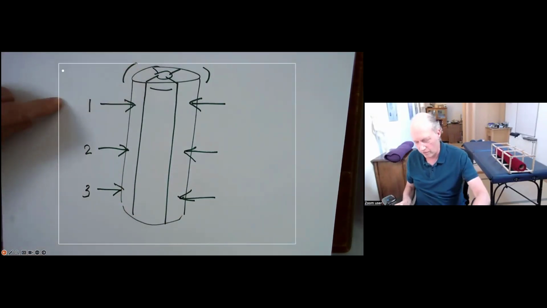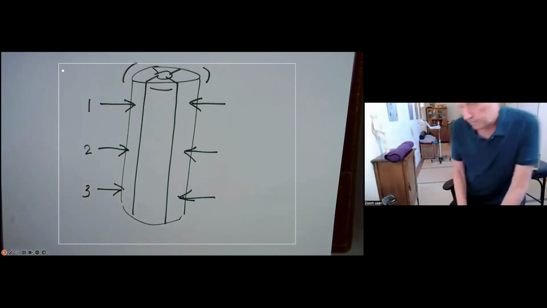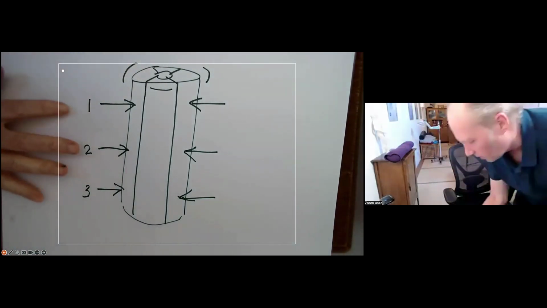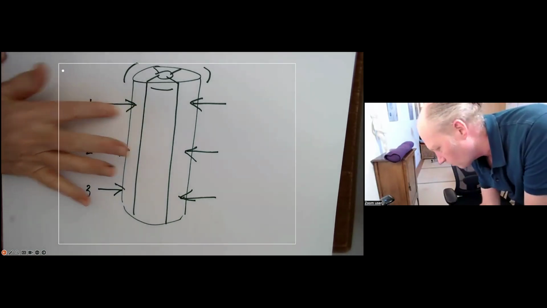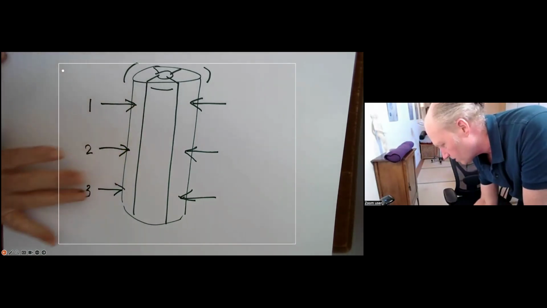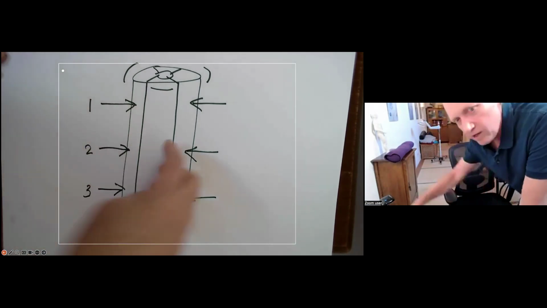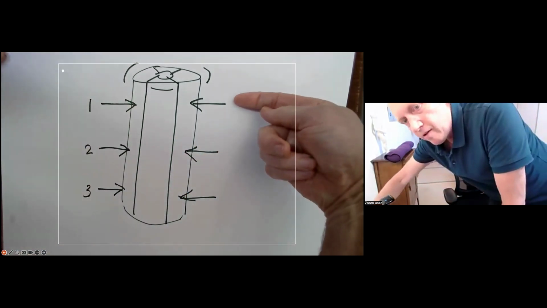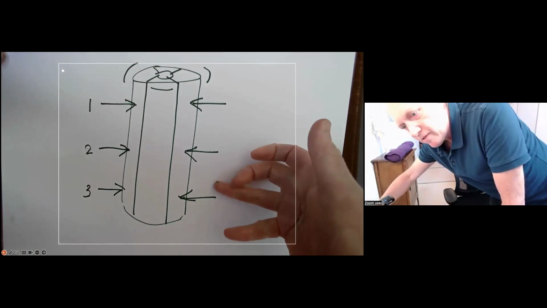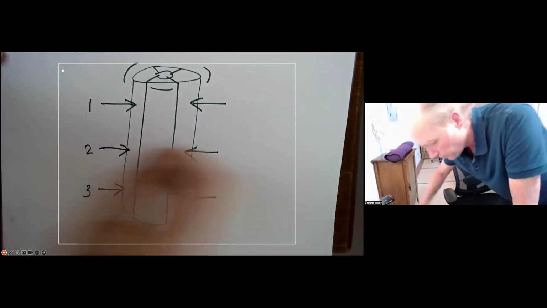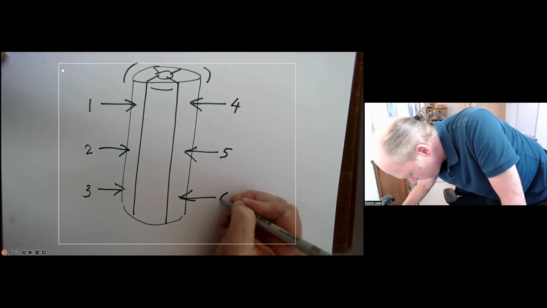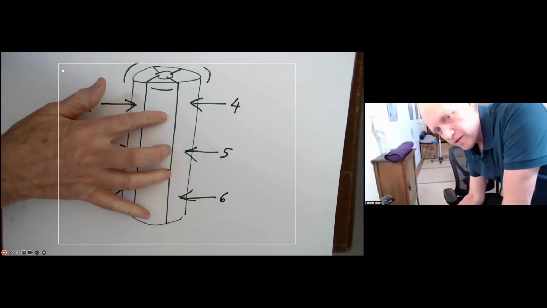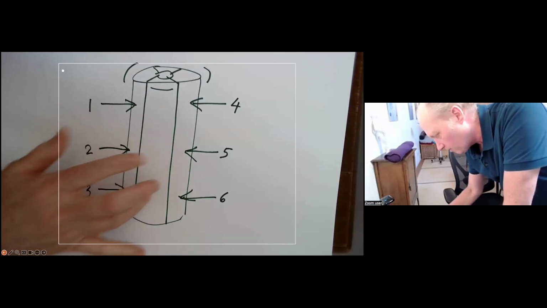With the left first finger pressing into 1, middle pressing into 2, the third pressing into 3, hooking and pulling, and then 4, 5, 6. And then settling on top, 7, 8, 9.